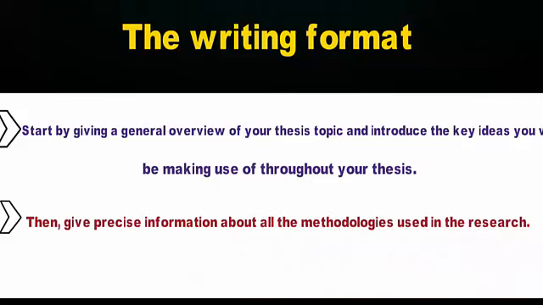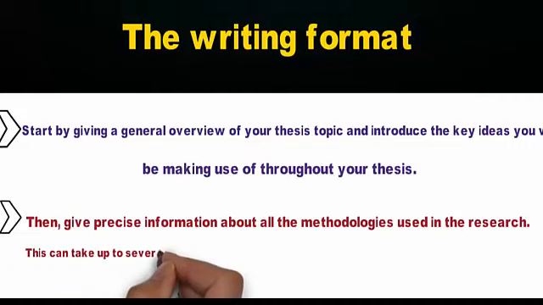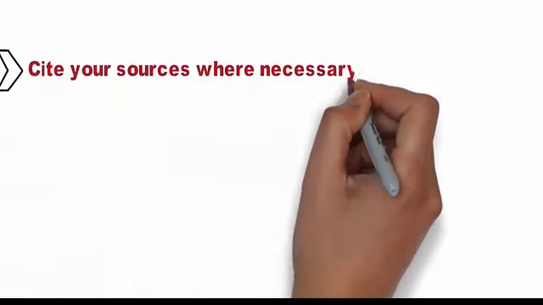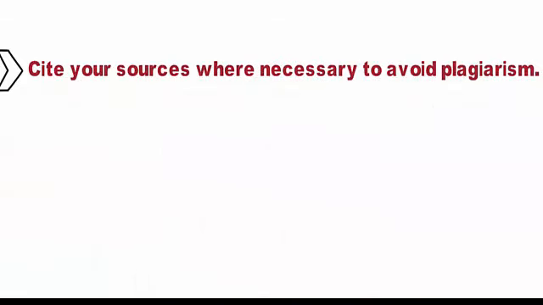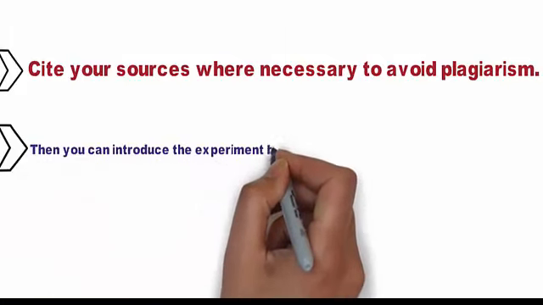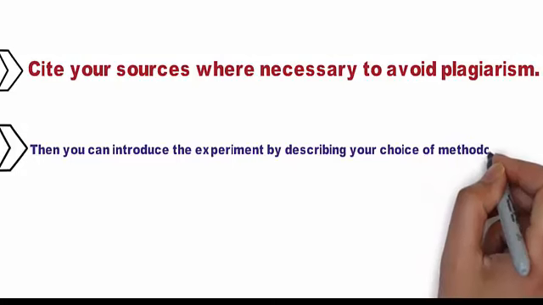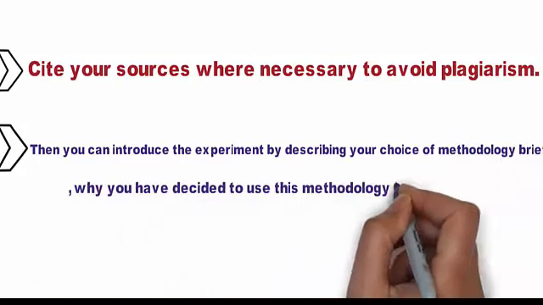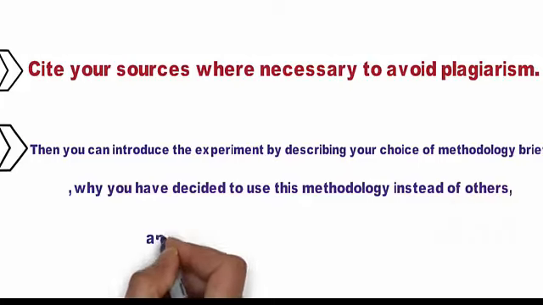This can take up to several paragraphs depending on the individual and research question or thesis topic. Cite your sources where necessary to avoid plagiarism. Then you can introduce the experiment by describing your choice of methodology briefly, why you have decided to use this methodology instead of others, and the objective of the methodology.